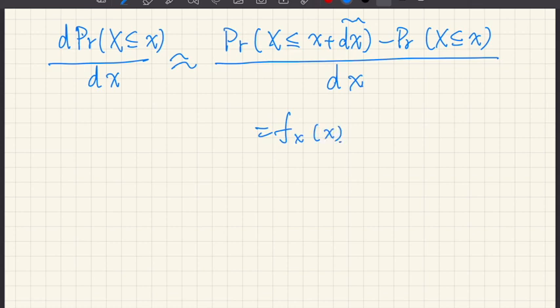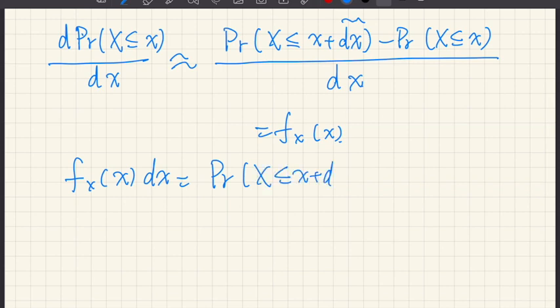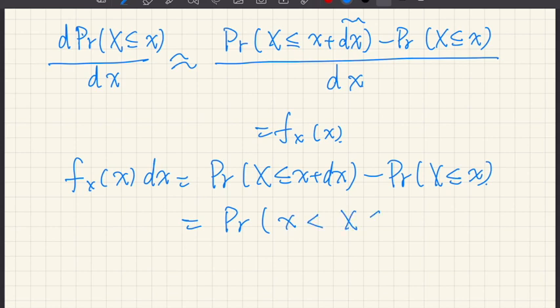So f(x) dx is this probability minus this probability. But this is the probability that this random variable is greater than x and less than or equal to x plus dx.